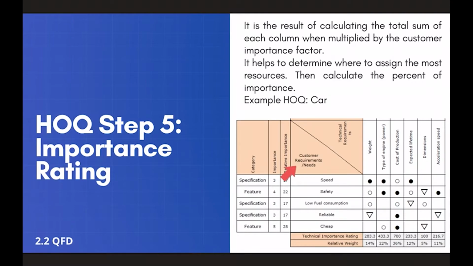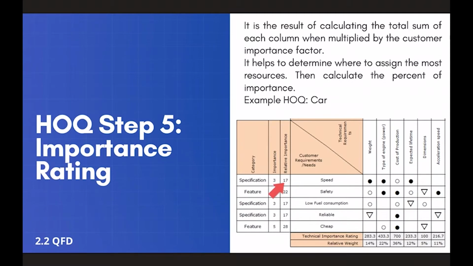So there is a calculation here. To find the value of relative importance, first you need to sum up all the importance values here. Let's say 3 plus 4 plus 3 plus 3 plus 5 is 18. So you want to find the relative importance for criteria number 1, which is speed. So importance 3 divided by total sum 18 times 100 for percent.